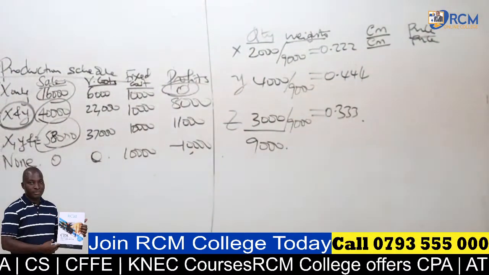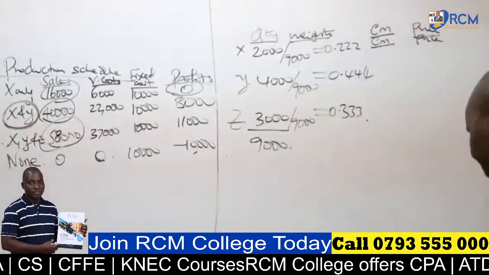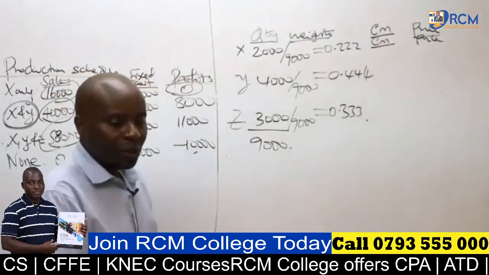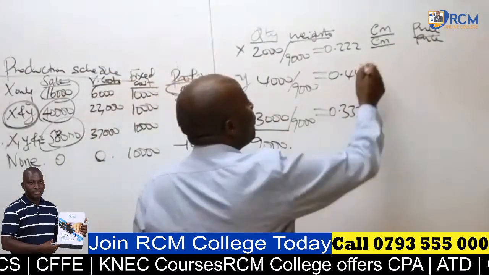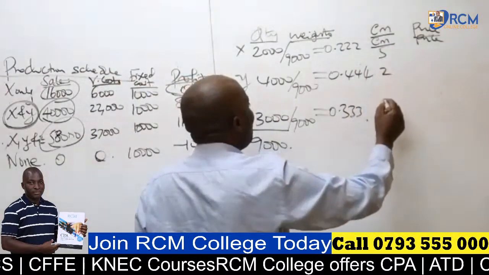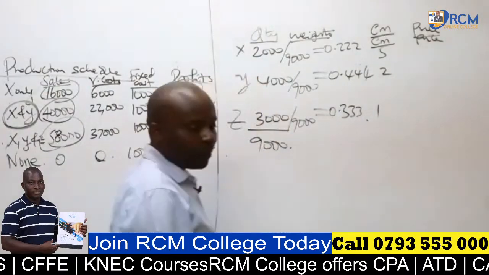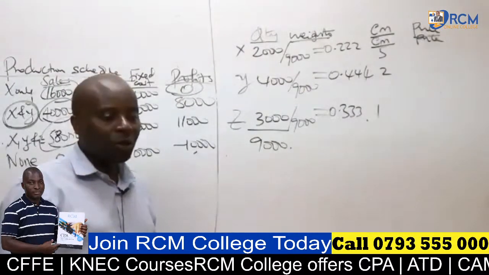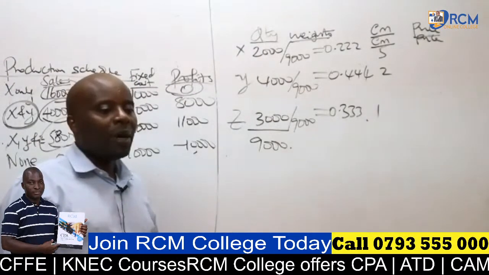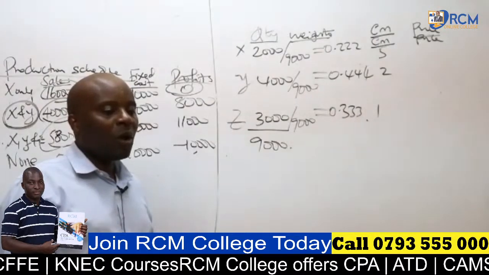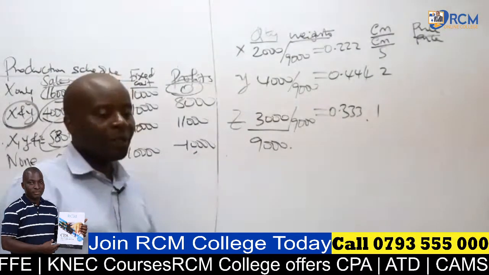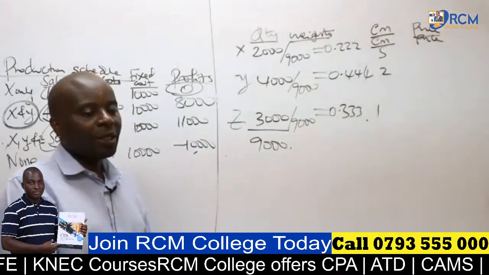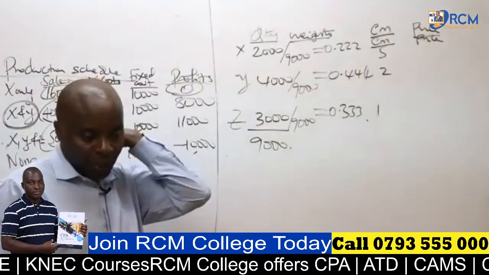Grace tells me for X it was 5, Y 2, and this one here 1, the ones we got by taking selling price minus variable cost. How about selling prices? Who is able to remember the selling prices very well?